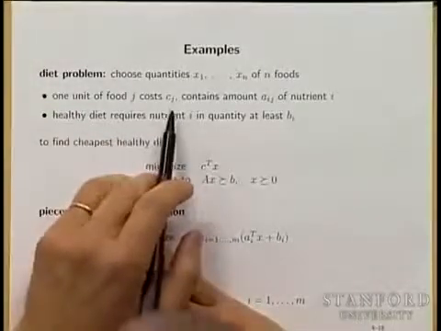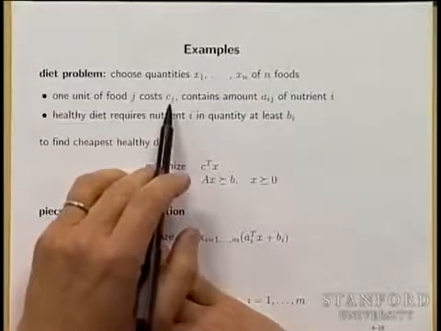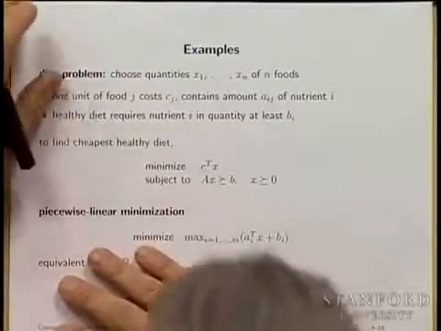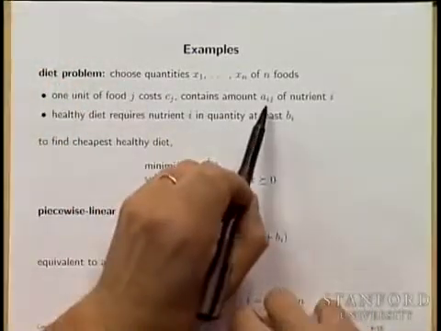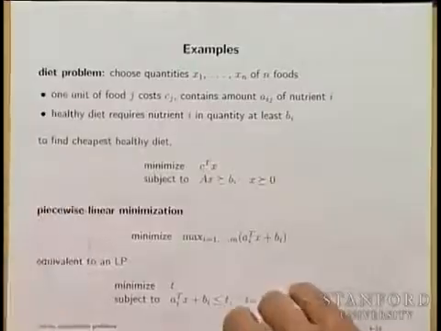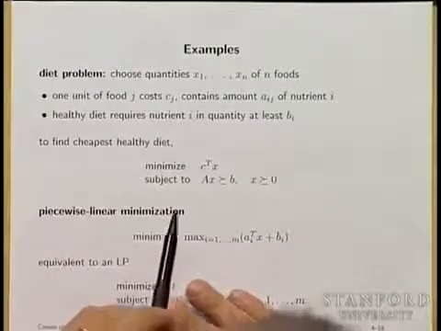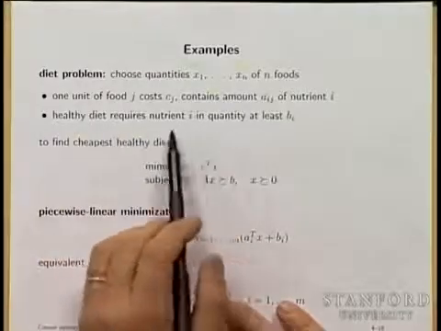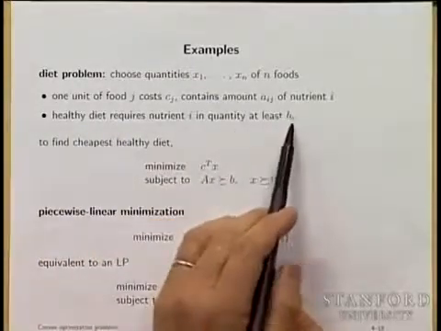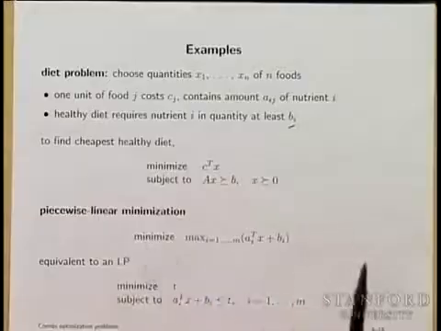One unit of food costs, you have these costs, which are c_j. And each one contains a_ij of some nutrient. That's like 10 grams of the food or whatever a unit is here. And a healthy diet requires at least b_i units of some nutrient.